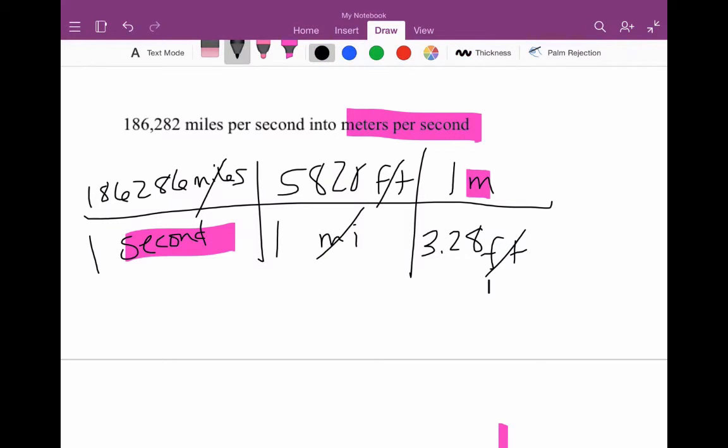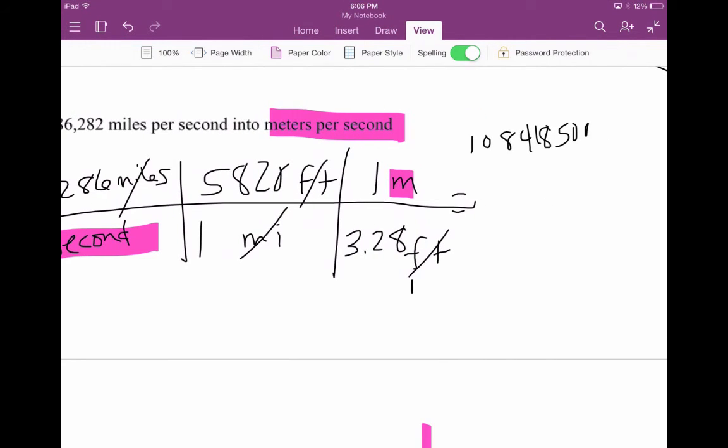To do the final equations in our calculator, we take 186,282 times 5280 times 1, which is going to equal 1,084,185,000 or so.